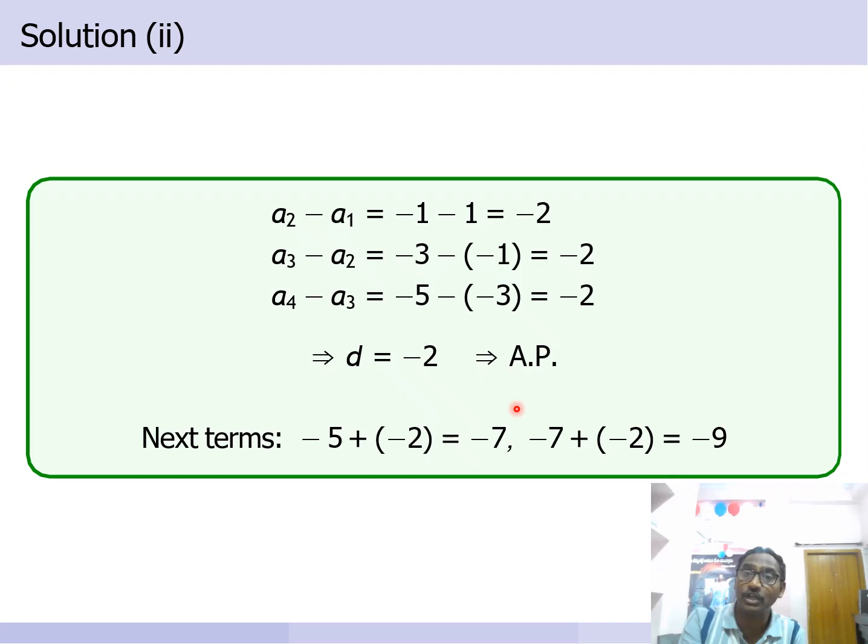What is the given progression? Arithmetic progression. Next terms: -5 plus of -2 that is -7, -7 plus of -2 you will get -9, -9 plus of -2 is -11. You will get the terms like that.